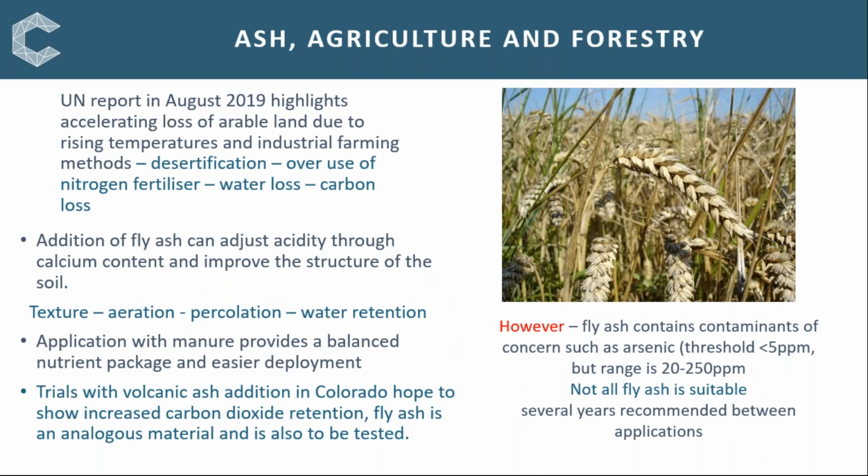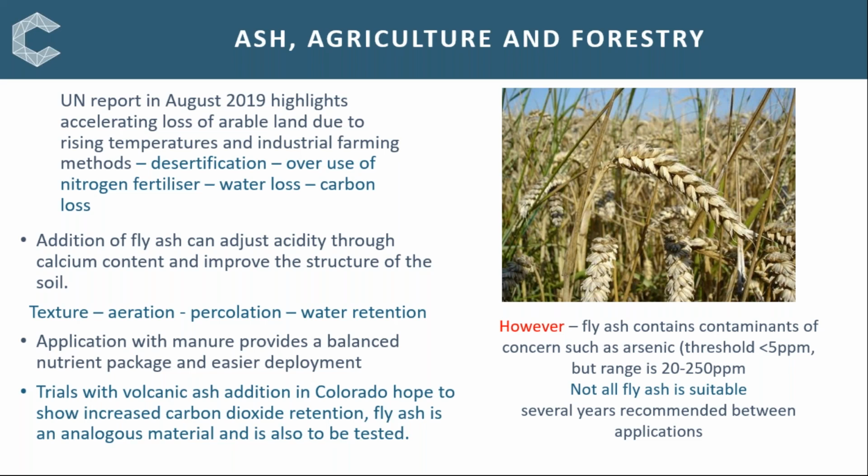Turning to fly ash in agriculture, there's a considerable history of fly ash use in agriculture, especially high calcium fly ash used to adjust acidity, and conditioned fly ash can be used for this purpose. But fly ash can offer other benefits that can help to address the deterioration of soils.